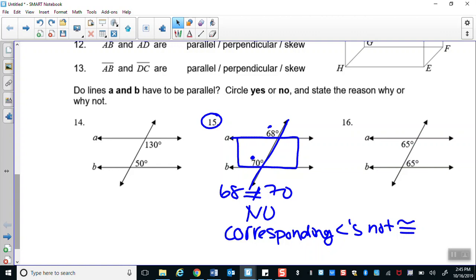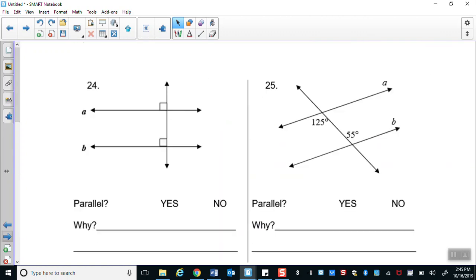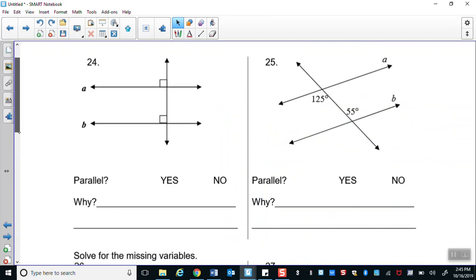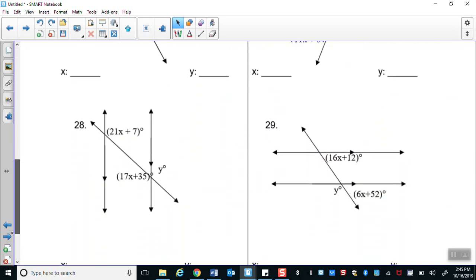All right, let's go look at number 28. So 28 is a little bit of a weird one. That's why I chose it, so that we can do it together, because the parallel lines are not horizontal.